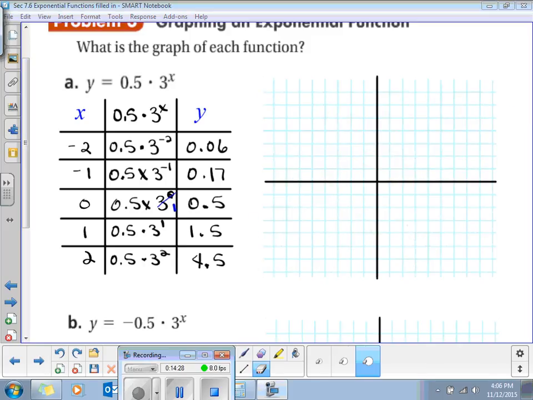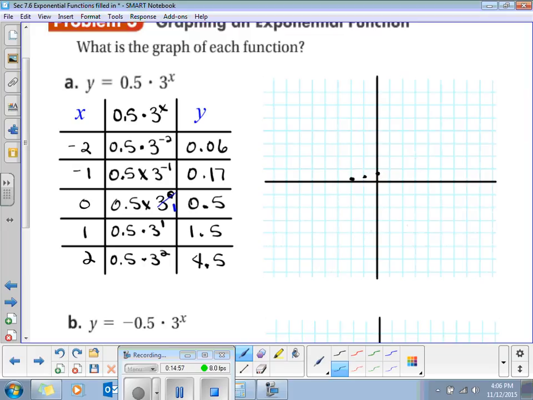All right, so now you're going to graph on your coordinate grid. So we've got -2, comma, 0.06, which is right here, very close to the axis. We have -1, comma, 0.17, which is a little farther away from the axis. We've got 0, comma, 1/2, right there.